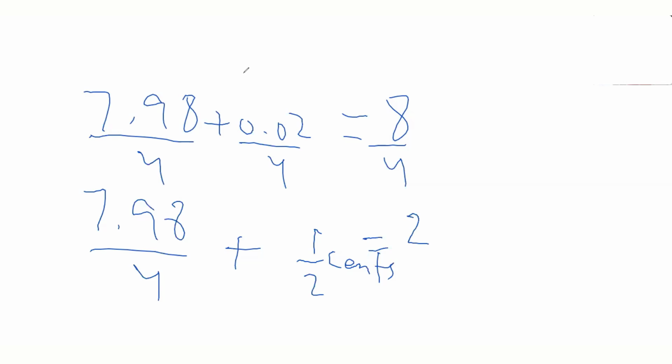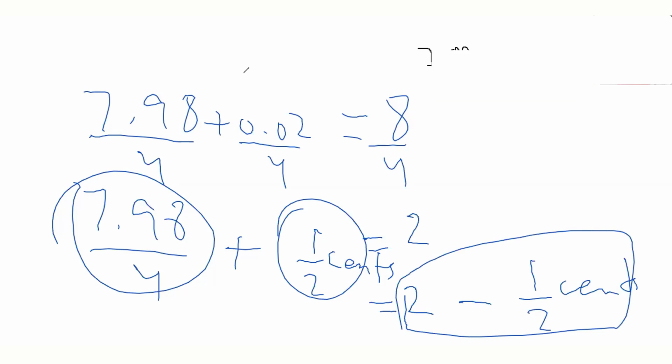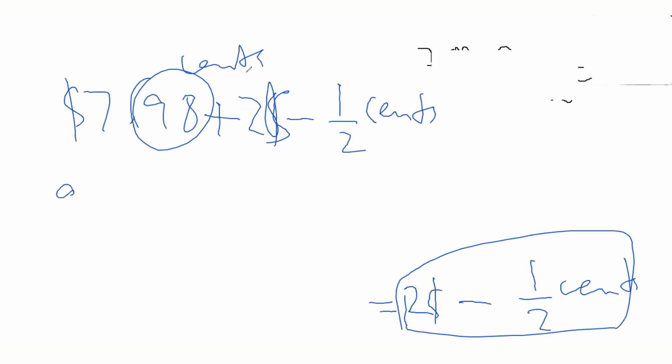So this thing is $2 minus 1/2 cent. This is the price for a quarter. Just add 7.98 into 2 minus 1/2 cent.